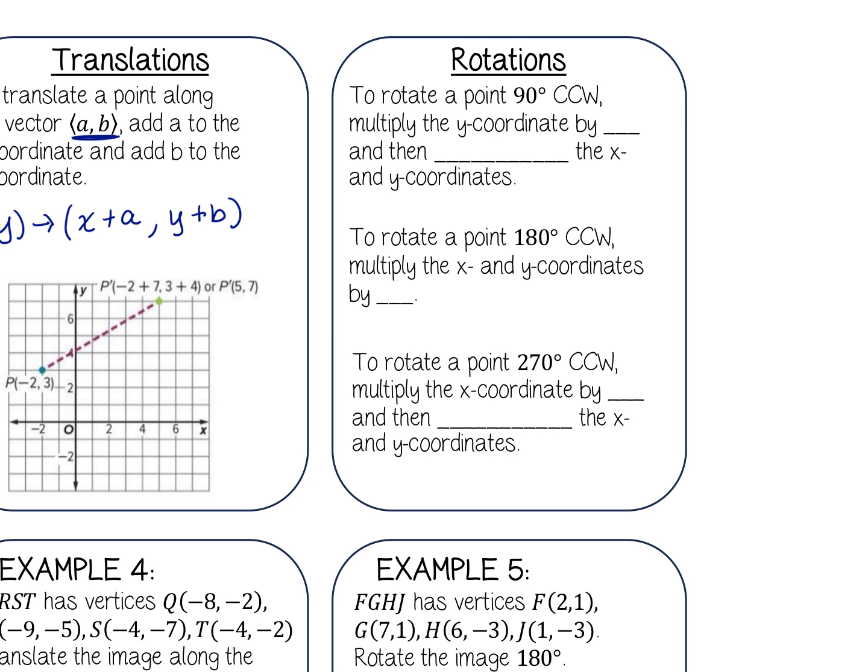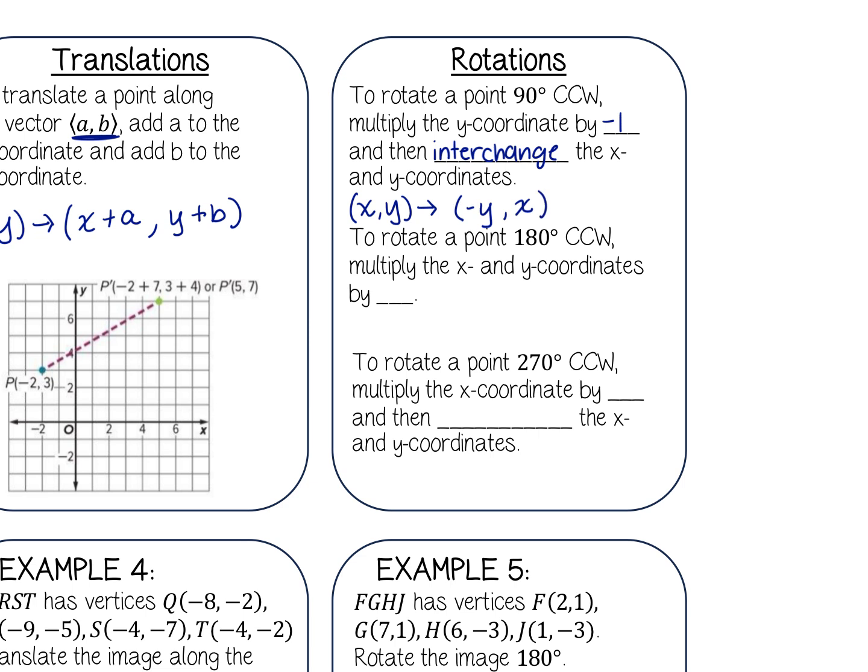Okay, so if you're rotating 90 degrees counterclockwise, you're going to multiply the y-coordinate by -1, and then interchange the x and y coordinates. So what that looks like is we start with the point (x, y), then it would become, so we're negating the y coordinate and interchanging, so flipping the order. So the y value will now be the x value, and it's also negative. And then the x value will be the new y value.